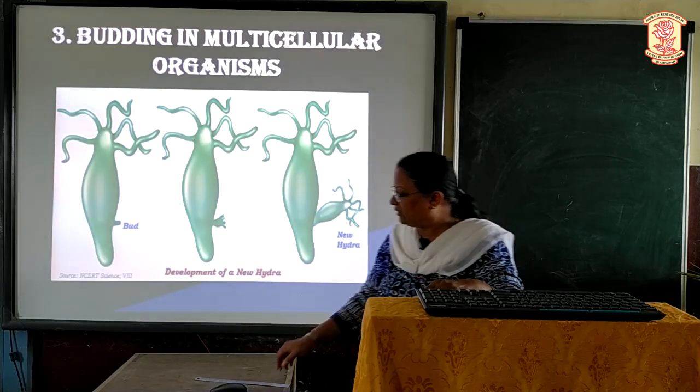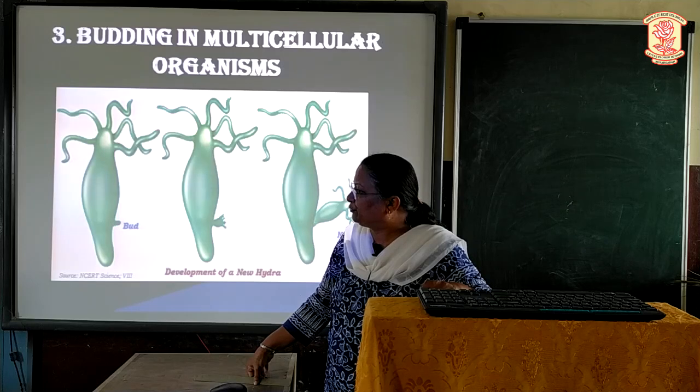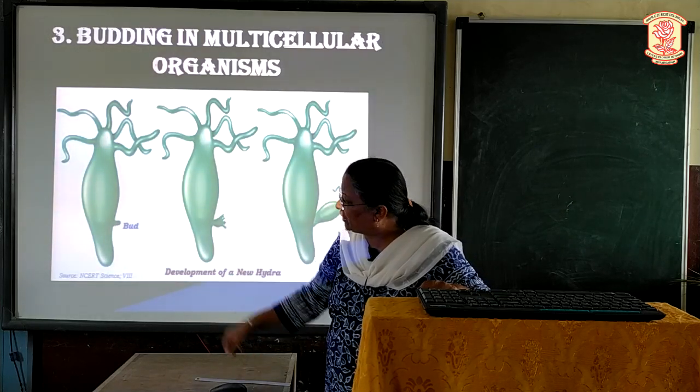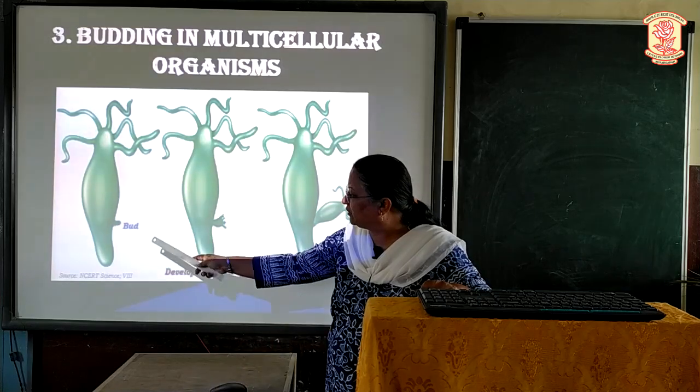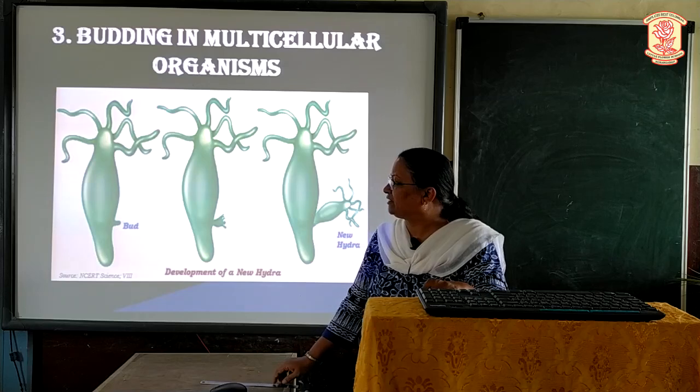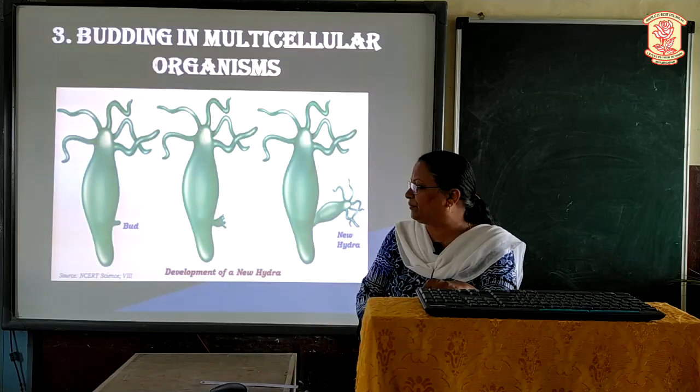You can see when enough nutrients are present, the parent body develops an elongation at the tail portion over here. This elongation is nothing but the bud which is reproducing.